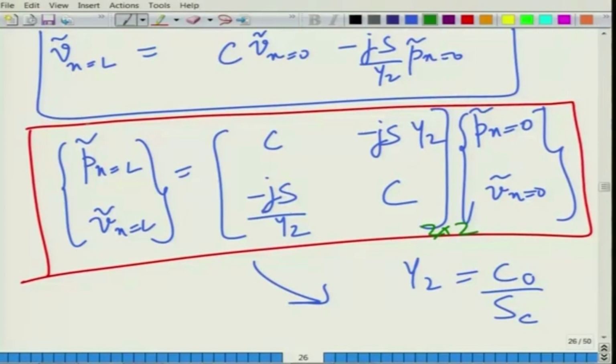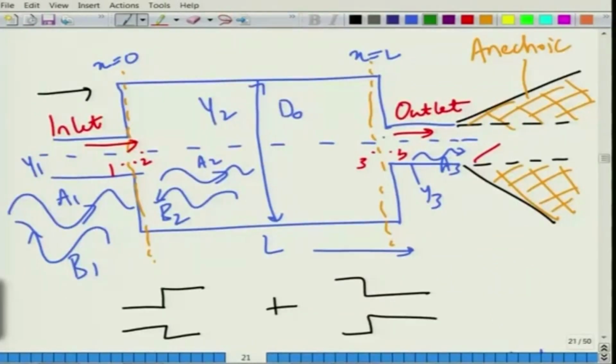That is, this is the downstream variable, this is the upstream variable. So, what we get is basically the relation between this point and this point.